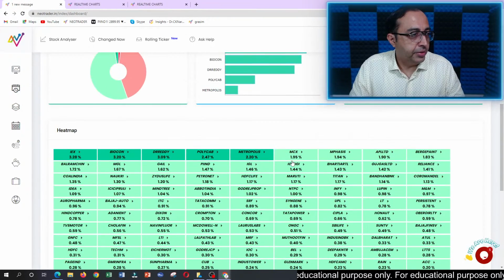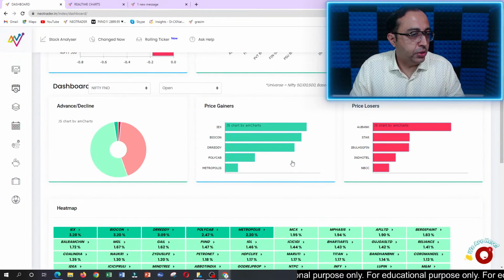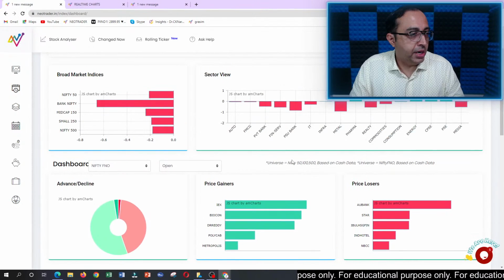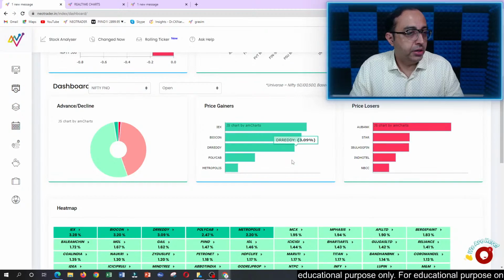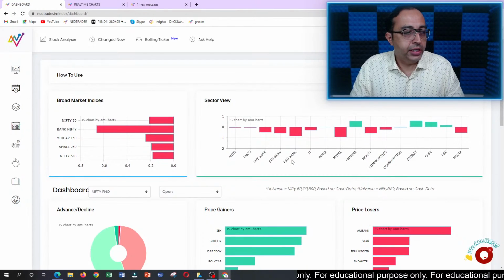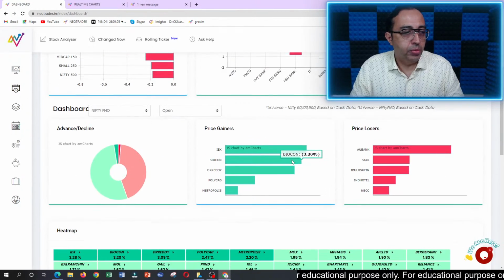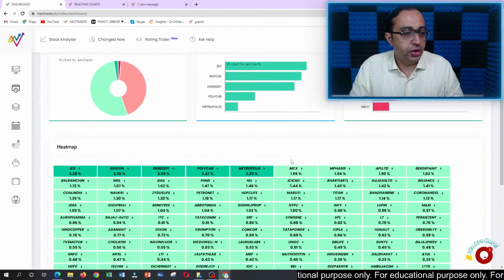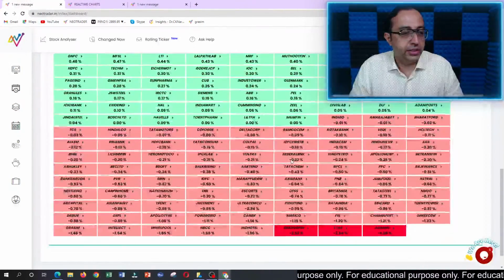Now again, let's go and take a look at what the market is doing. You can see here the market continues to be struggling. There is absolutely no clarity at the moment. Many of the stocks are in a sideways phase.